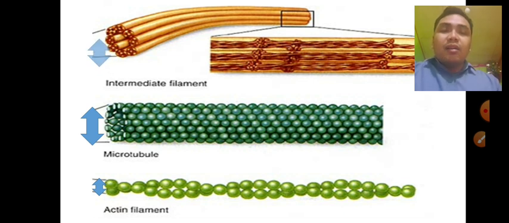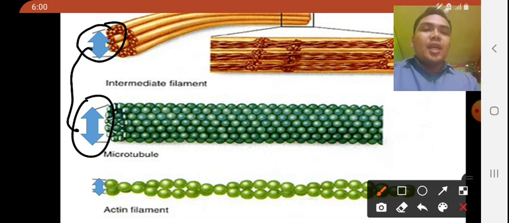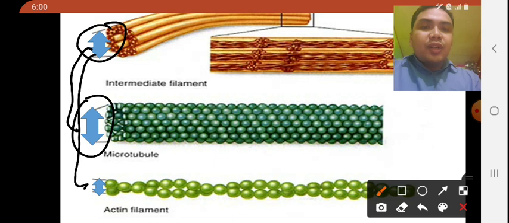And on the illustration located above on our screen, we have the intermediate filament. If you make such comparisons, you can infer that the intermediate filament's diameter is smaller than the microtubule. Okay? In addition to that, however, the diameter of the intermediate filament is larger as compared to the actin filament. Okay?